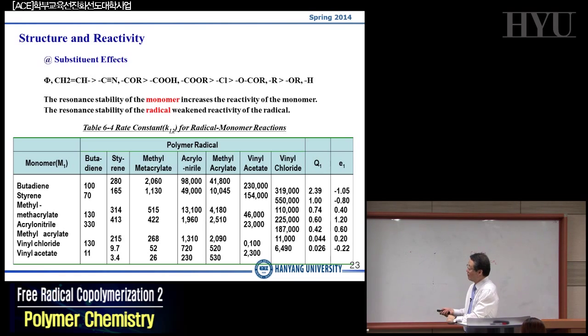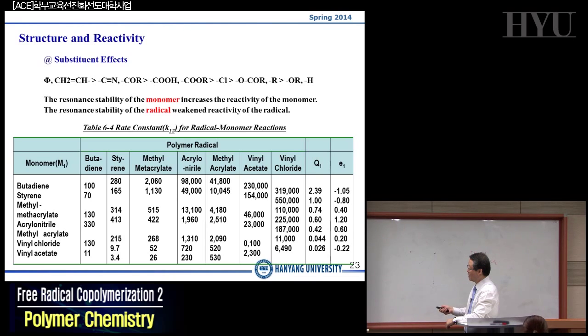And you see, if I have monomers butadiene, styrene, which is the same order as before, but if it becomes a radical, then you can clearly see the number increases from bottom to top, at a given column, right?